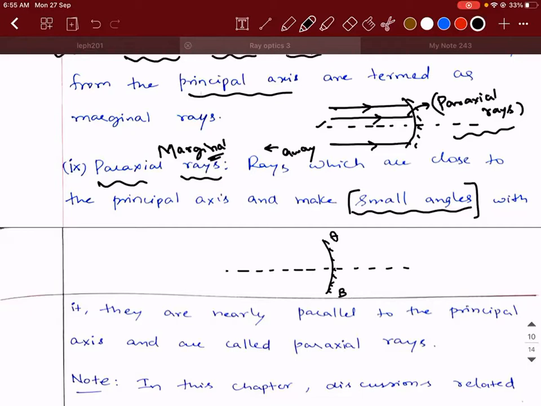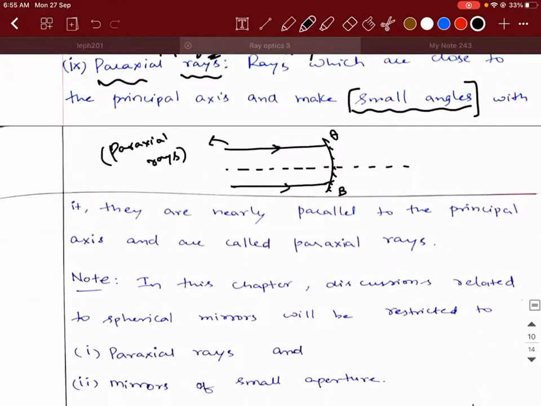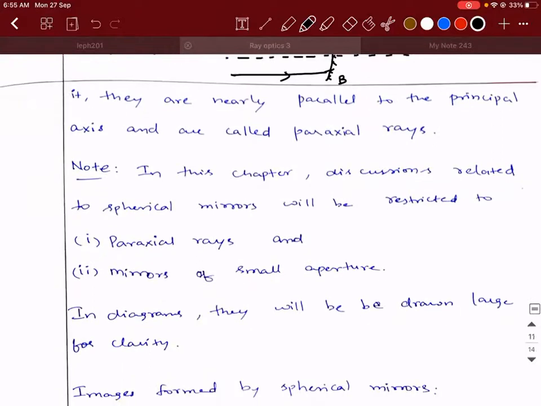As a result, the rays which you consider parallel to the principal axis by default will become paraxial rays. I hope you made a note of this point. So in this chapter, discussions related to spherical mirrors will be restricted to paraxial rays and mirrors of small aperture.